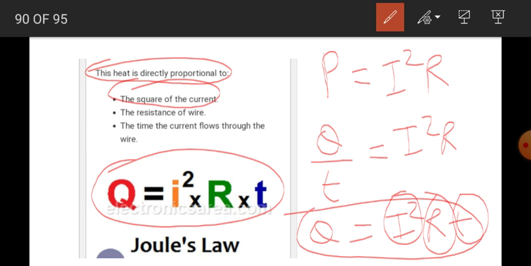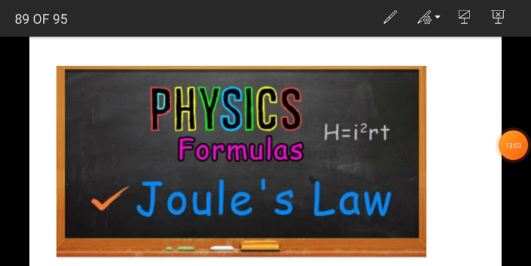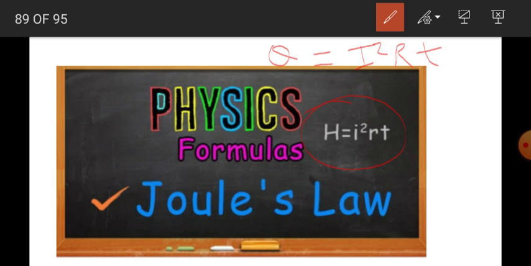Time also matters here. So this is the formula for Joule's law. I hope you understood the meaning of Joule's law here. It is regarding the heating effect of electric current. So here H means heat. Whether you write Q or H, I square RT, both are applicable.